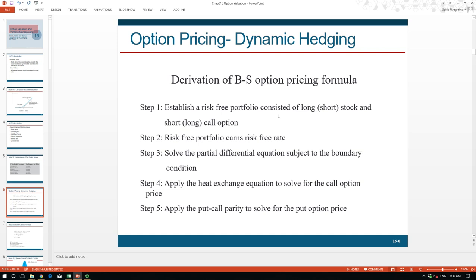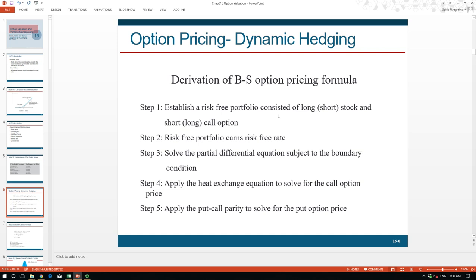The higher the stock price, the higher the intrinsic value for a call option, right? But the future stock price is unknown to anybody. So essentially we need to solve for the option price based on something that we don't know. So the traditional cash flow discounting model doesn't work well in this case. We have to find an alternative way for option pricing.